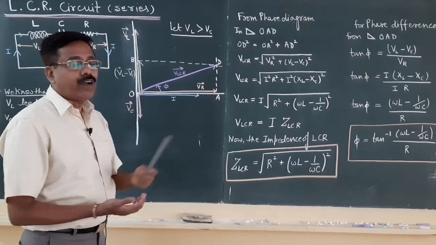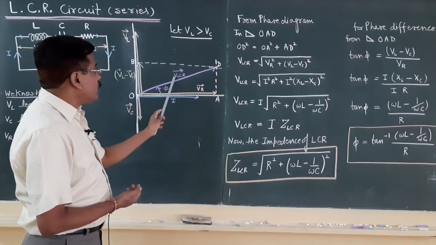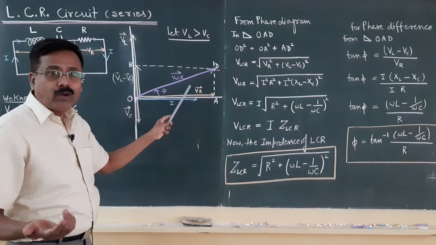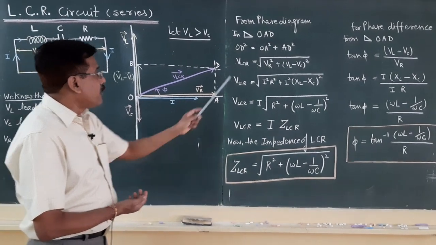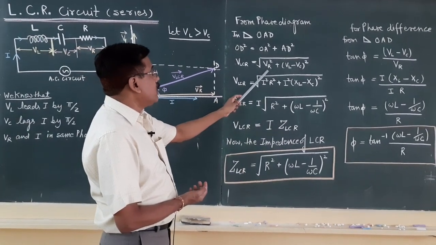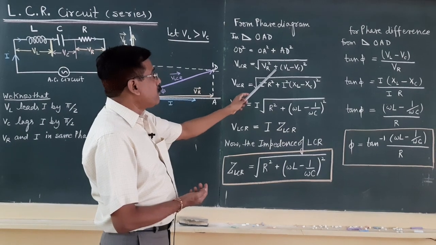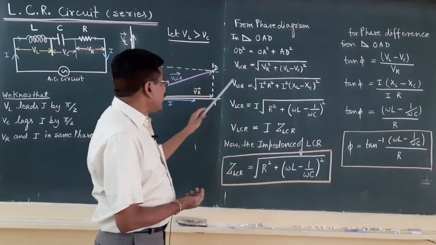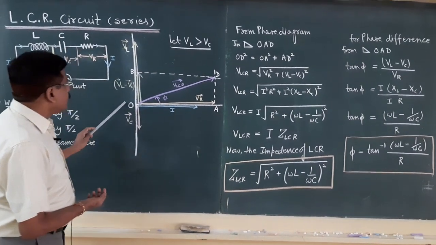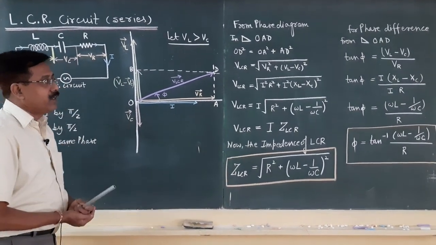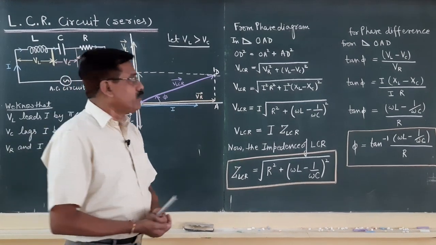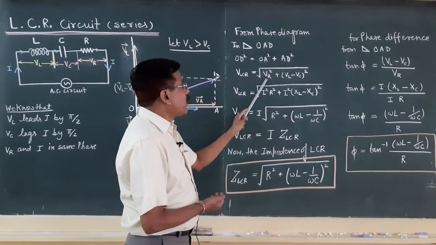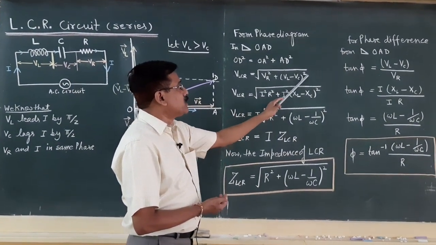Now, if you put the value, then OD is VLCR, the net potential drop across the three components. VLCR is equal to under root VR square plus VL minus VC whole square, because AD is indirectly VL minus VC.